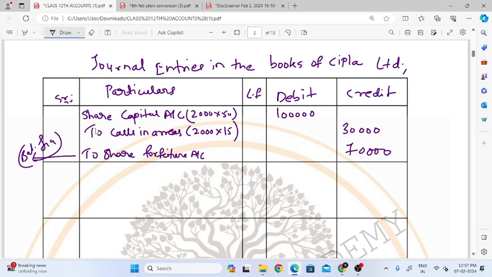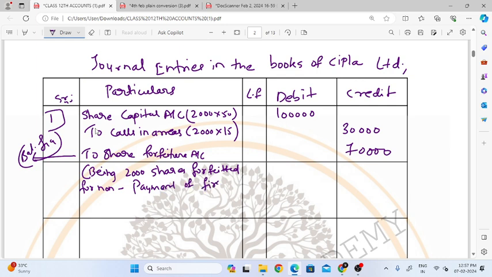Okay, so the narration you have to write down as being 2000 shares forfeited for non-payment of first and final call money at rupees 15 per share.